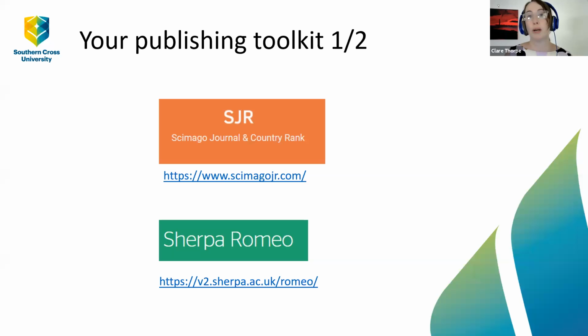So that's the top 25% of journals in your discipline area. I won't go into metrics in great detail today. Certainly there are sessions that our librarians can provide later on. So if you are interested in understanding more about metrics and measuring your impact, please get in contact with the library. But Scimago is an incredibly useful tool, and I'll show you a screenshot of it in a moment.